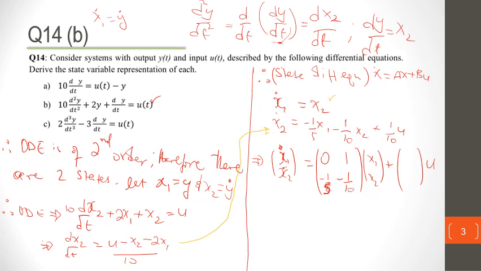And x2 dot is also related to u in this sense, whereas x1 dot is not related. So now we have just established our matrix A and our matrix B.